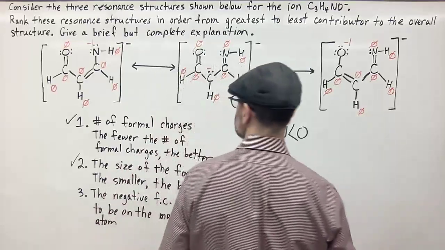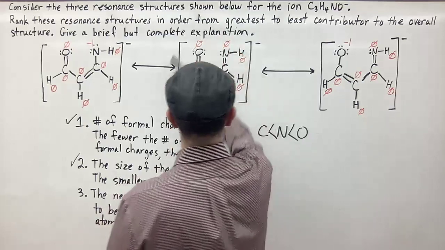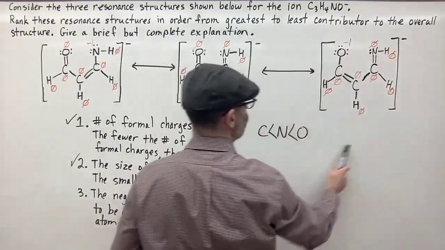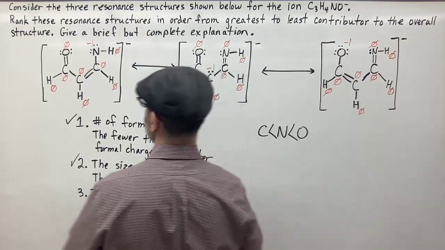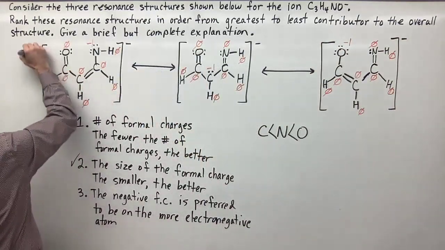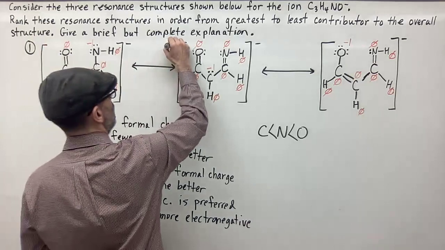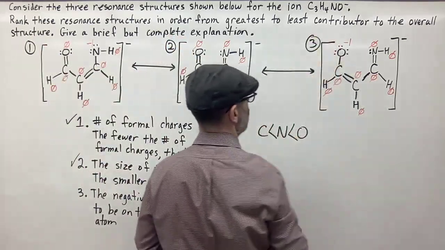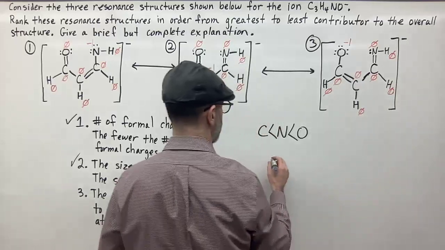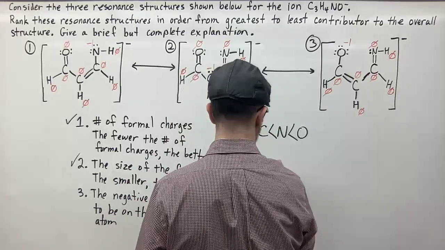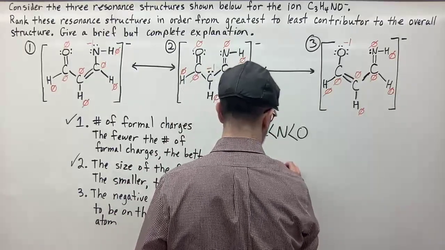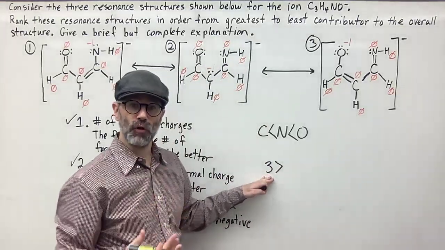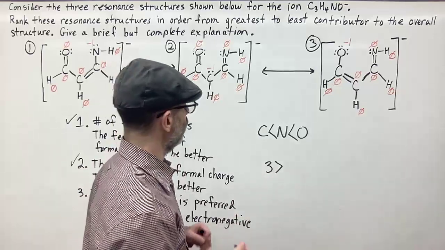So in this case, this one, where is it? This one would be the most preferred. So if I was to give these numbers, if this is number 1, and this is number 2, and this is number 3, then number 3 would be more preferred, right? So 3 would be a greater contributor to the overall structure of the molecule.